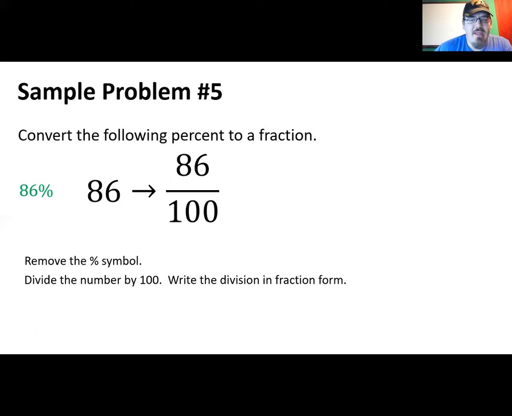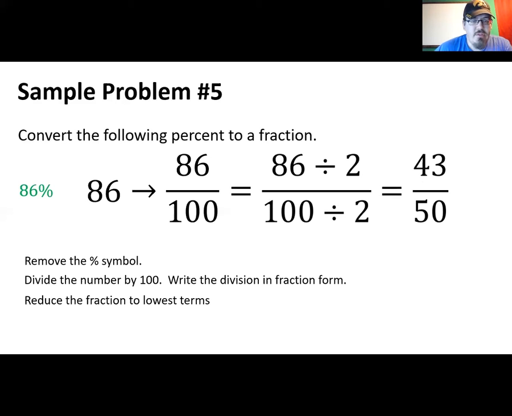Now, because we want our answer as a fraction, we're going to write the division in fraction form. So we simply write 86 over 100. And it's automatically 100 on the bottom because it's a percent. Percent always means out of 100. So we want to make sure that you put 100 in the denominator. Then it's just a matter of reducing the fraction down to lowest terms.